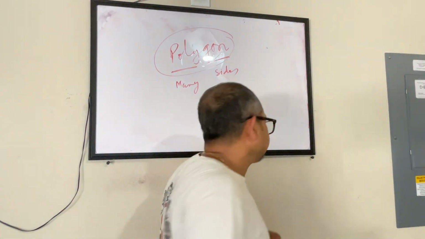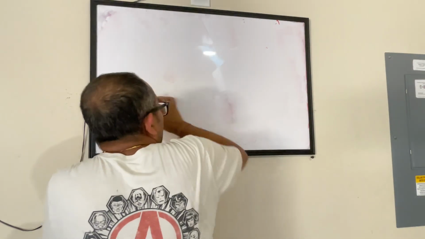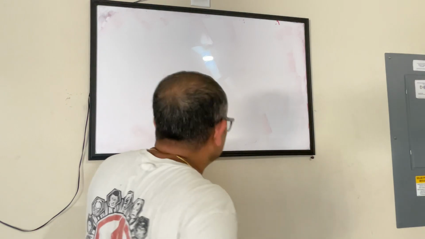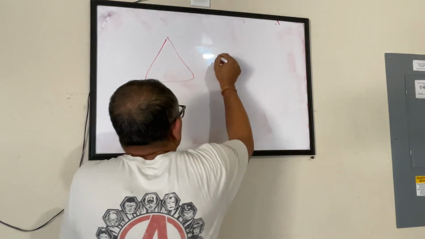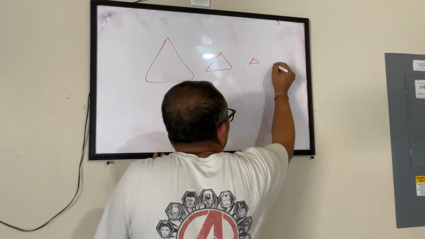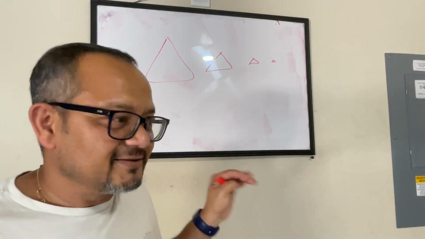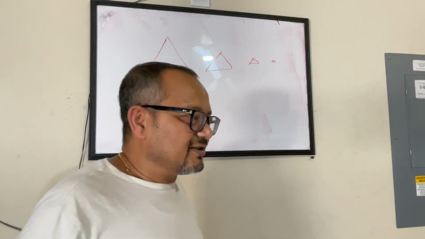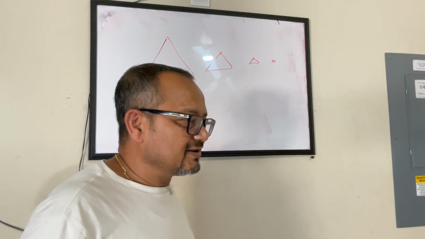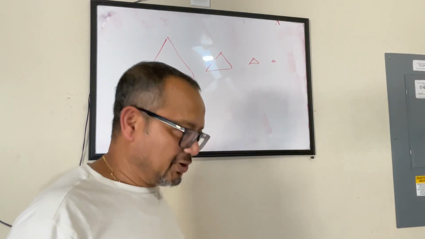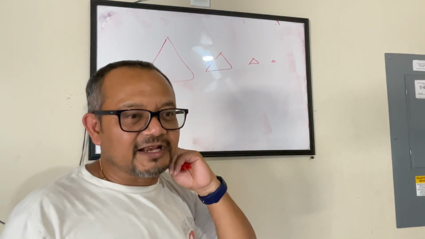Let's look at it. So any shape that we talk about, any shape. Now let's look at what do you see on the board? Okay, some kids are seeing some triangles here.